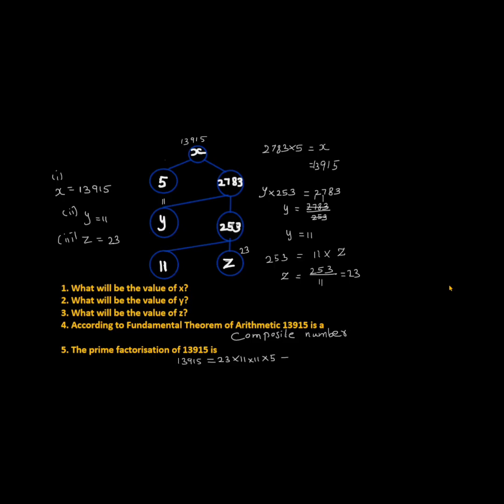So the prime factorization is 5 into 11 squared into 23. This is the prime factorization. A product of primes is a composite number, so we conclude in the fourth question that it is a composite number. Thank you.